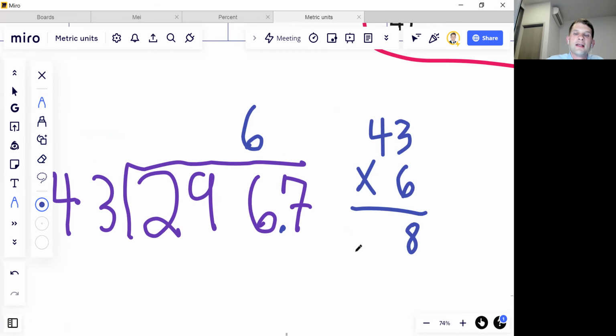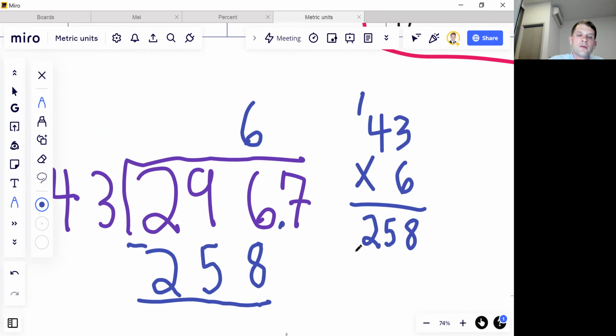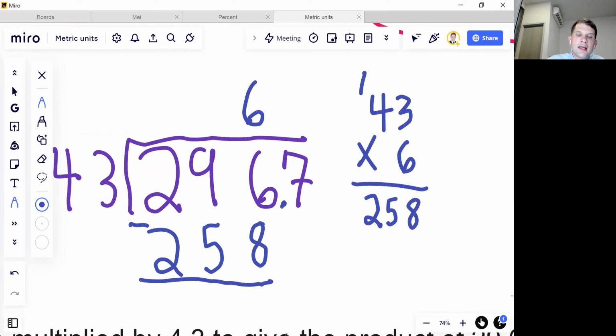And I get 258. Okay, so I'm going to write 258 here and then subtract and bring down. So let's just subtract here. We get 38, and that's going to be 387, bringing down our 7 there.